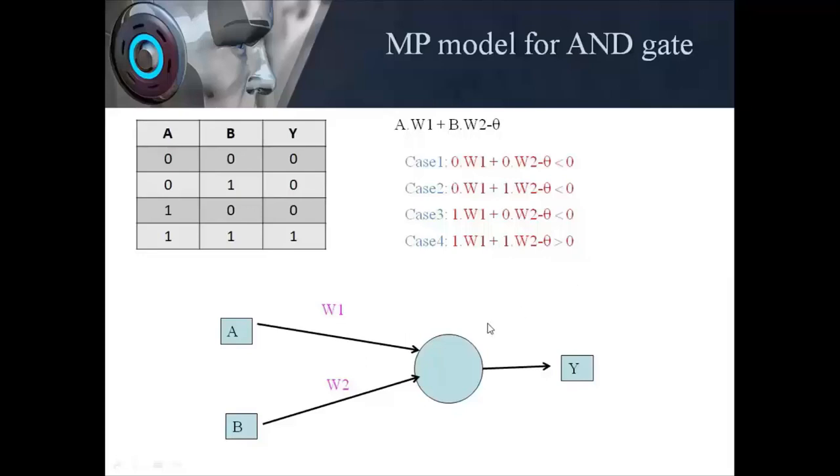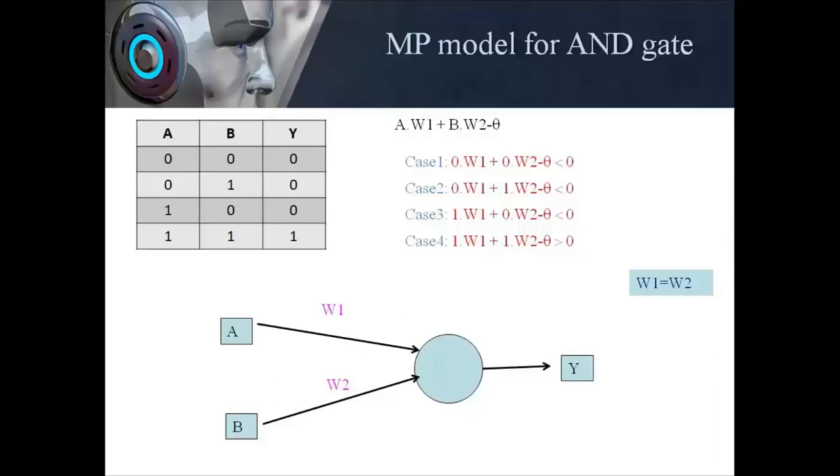So I have to identify some value of W1, W2 and theta that satisfies all these four cases. So by hit and trial, let's say I take my W1 and W2, but I have one restriction.